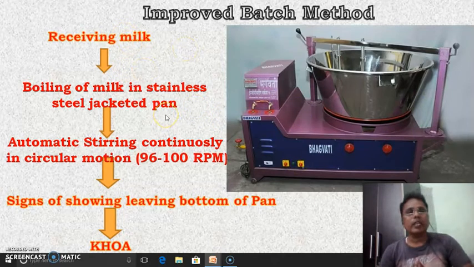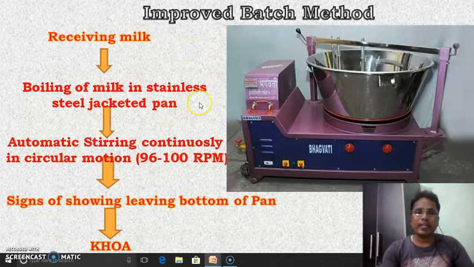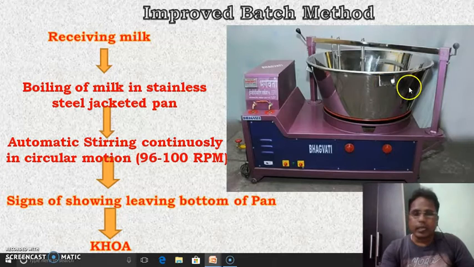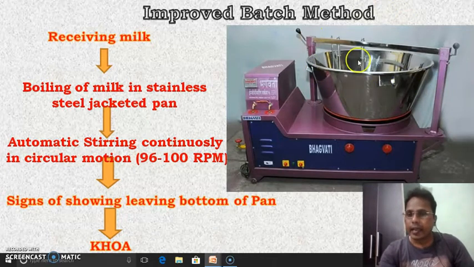That is the receiving of milk, boiling of milk in a stainless steel jacketed pan. So this is the stainless steel jacketed pan in which the milk is taken, and then automatic stirring continuously in circular motions. Then this pan moves continuously, and here in this pan a scraper is given.